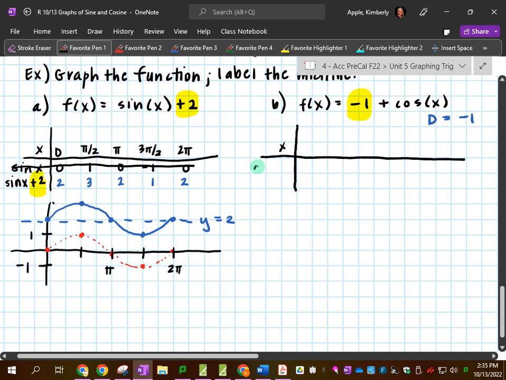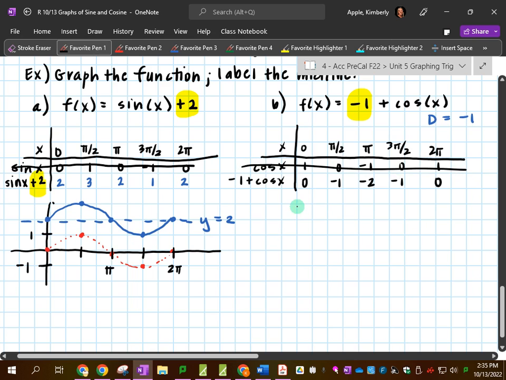We'll do it real quick. This is x. This is cosine x. And this is -1 plus cosine x. So this will be 0, pi over 2, pi, 3 pi over 2, and 2 pi. And this will be 1, 0, -1, 0, and 1. And then subtracting 1 from each of these values, I'm just going to get those.